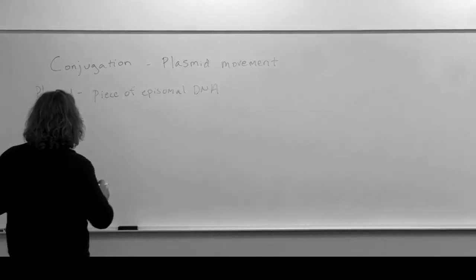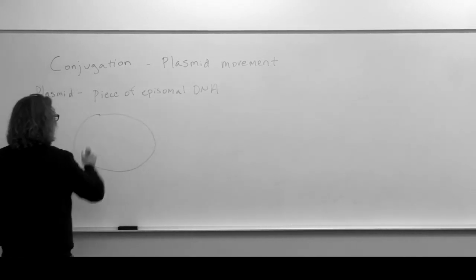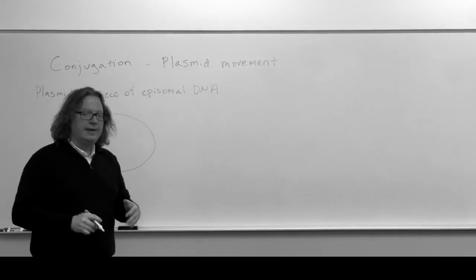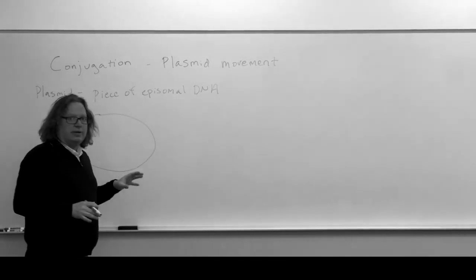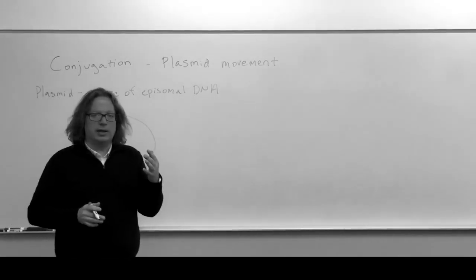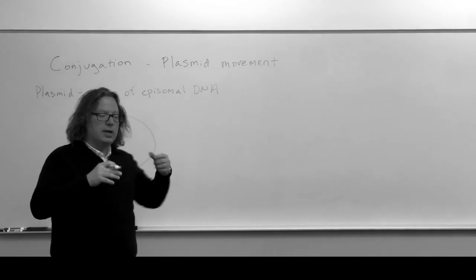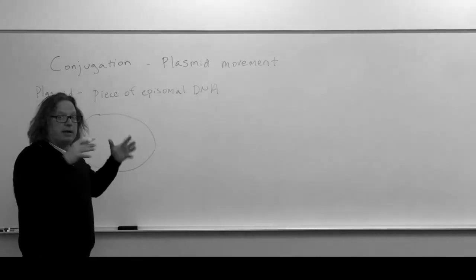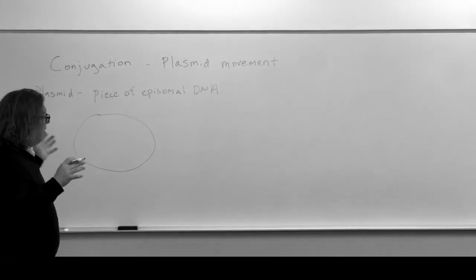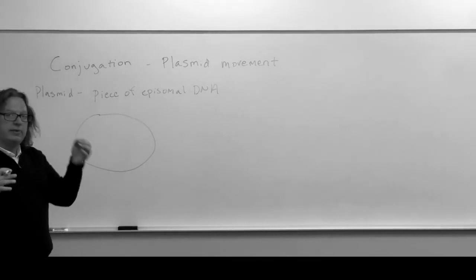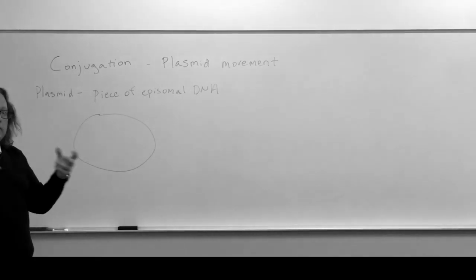So what does a plasmid look like? Well, a plasmid is a circular piece of DNA. Many of you have actually worked with plasmids before. They're really our working course in molecular biology. They're where we clone DNA, where we use these vectors to make lots of DNA, so we can amplify and make gram quantities of DNA from very small concentrations when we want to use DNA to do other things.